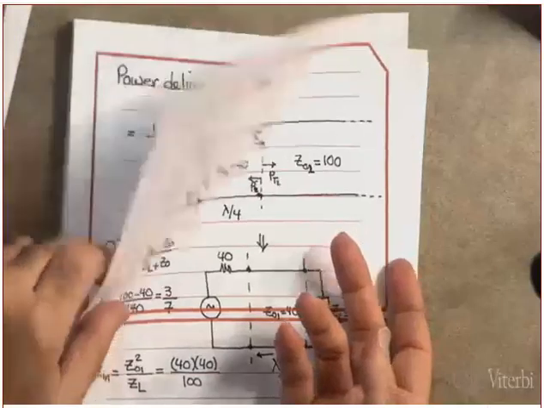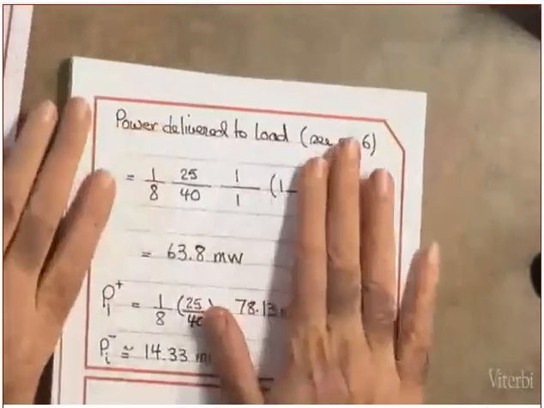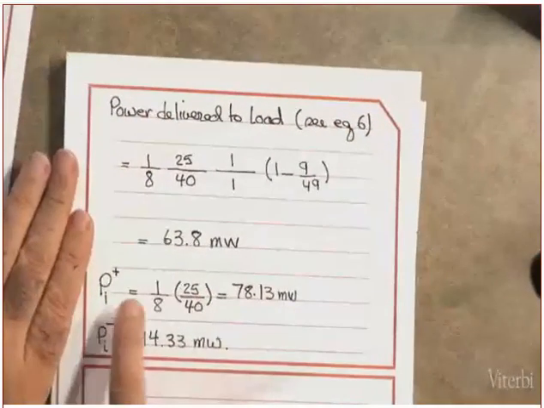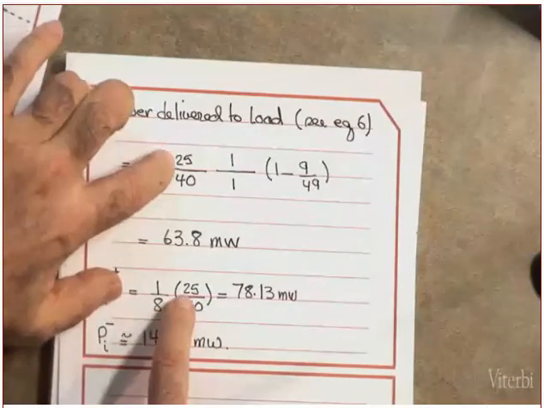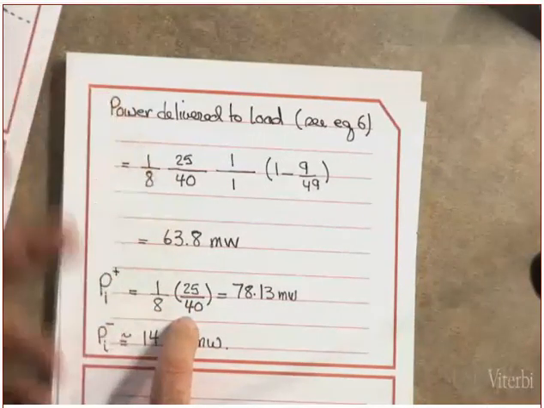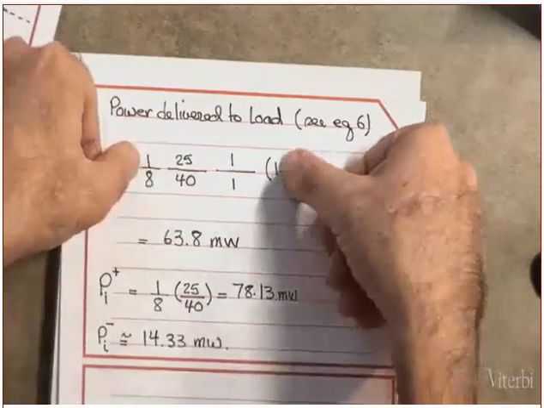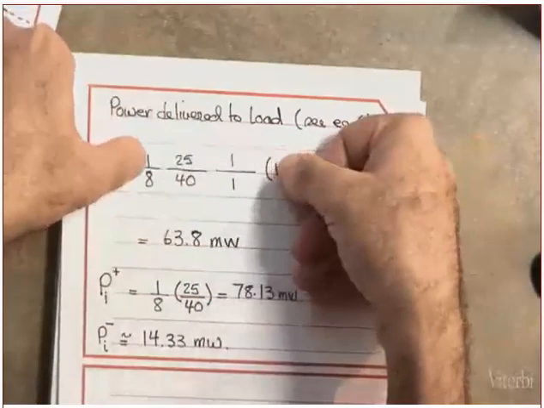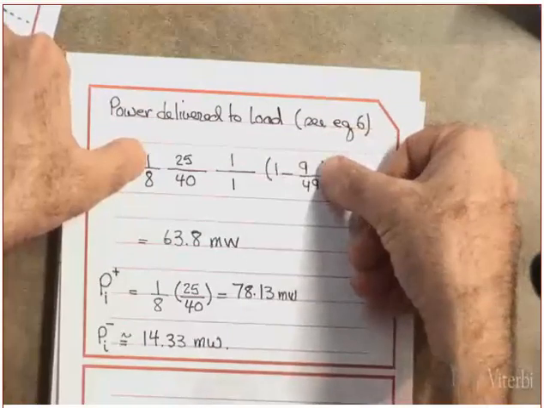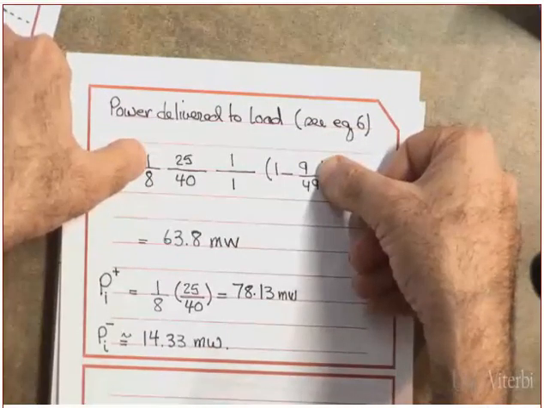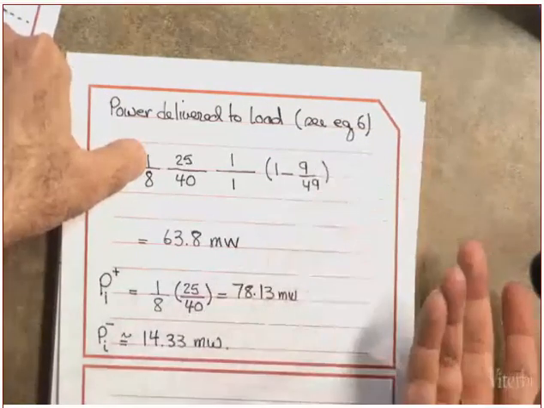Can you explain to me where this came from, which is P1 plus? Why is it 1/8 times 25 over 40? Do we see two components here? One of them is the incident power. The other one is the reflected power. What is the equation for the reflected power?